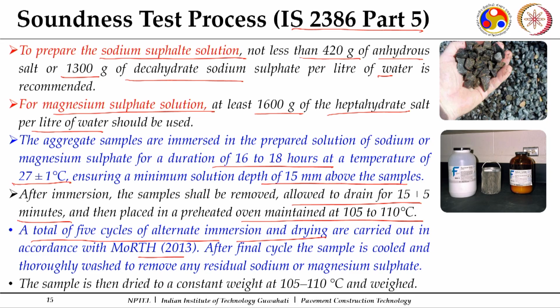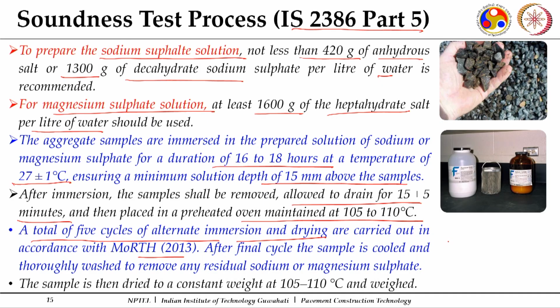And then, what is done here? The loss of weight is measured. How much loss of weight is there once the sample is oven dried and sieved? If more loss of sample is there, that means the aggregate is weak and less durable. The requirement is also different when sodium sulfate salt is used and when magnesium sulfate salt is used.